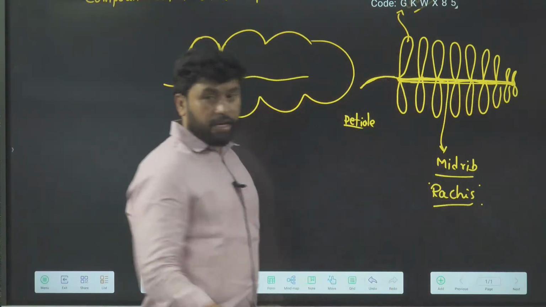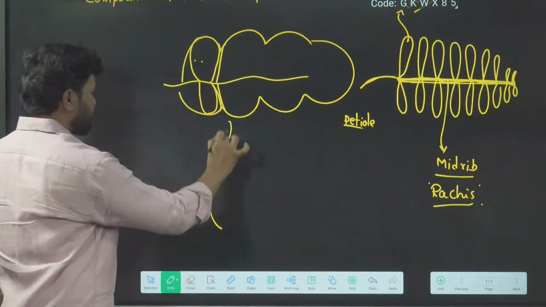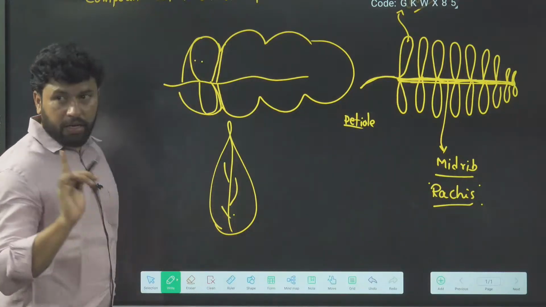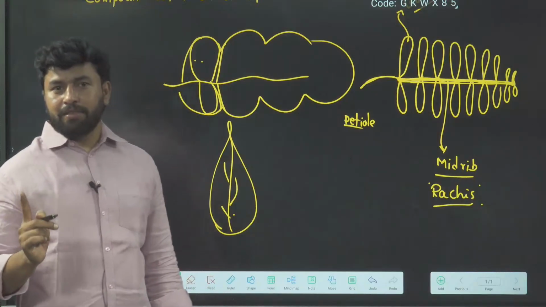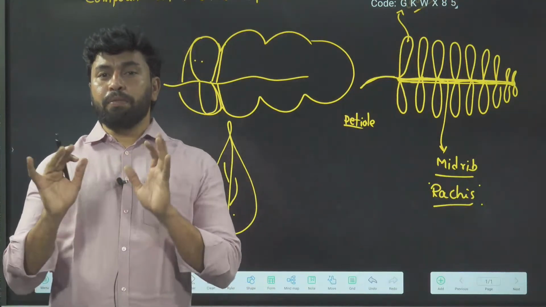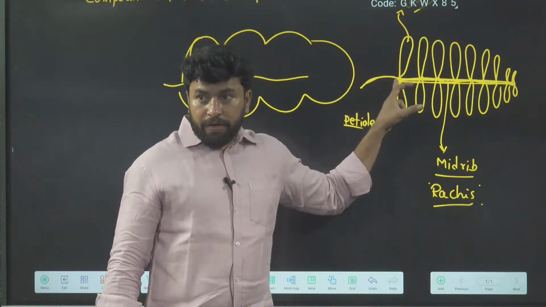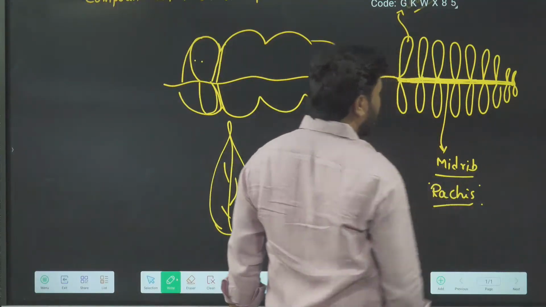Rachis, or rachis, somebody pronounces it like that, no problem. Careful. When I have a simple leaf like this with a midrib, this midrib is not to be called the rachis. Rachis is there only in one variety of compound leaf, where all leaflets attach to an elongated midrib.